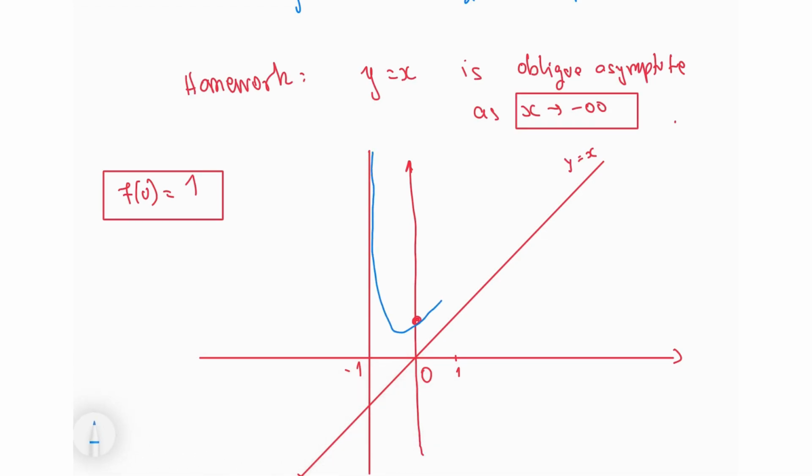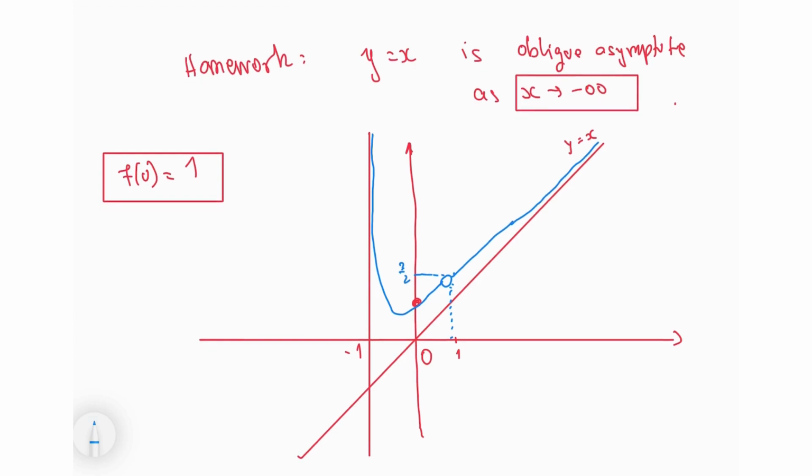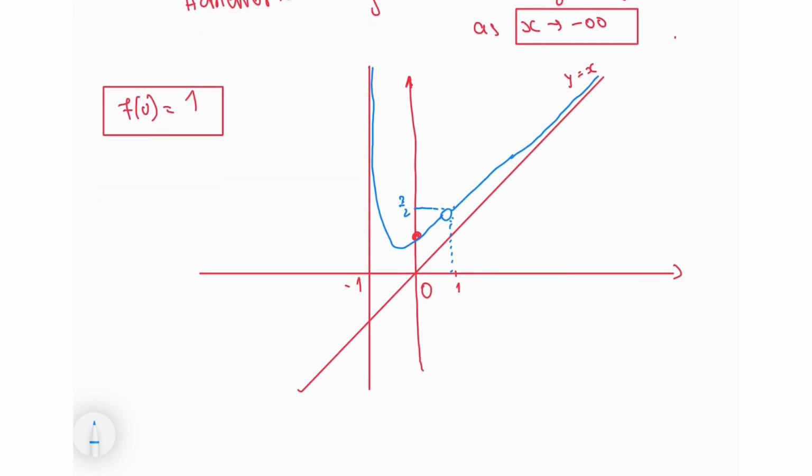Then at 1 it has an empty circle, so it has a cut, and then it aligns to the oblique asymptote as x goes to infinity. This here is 3 over 2. And here it aligns to both asymptotes. You can extend this, and this is our f of x.